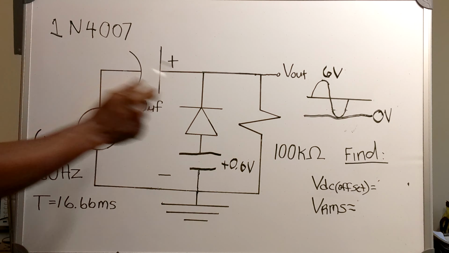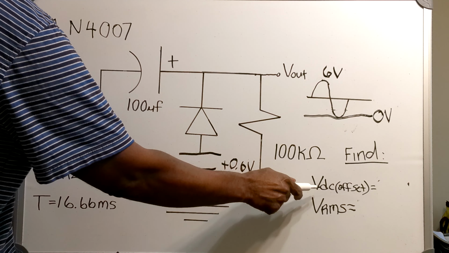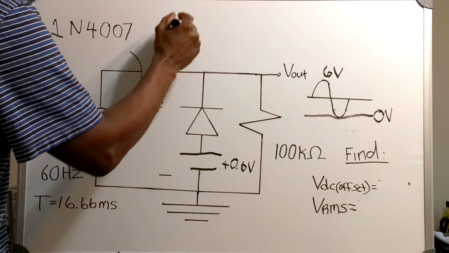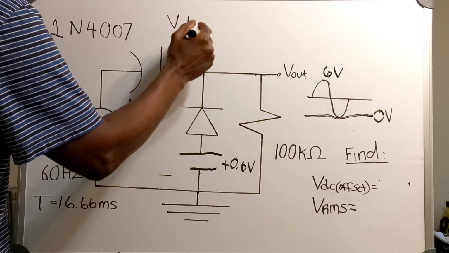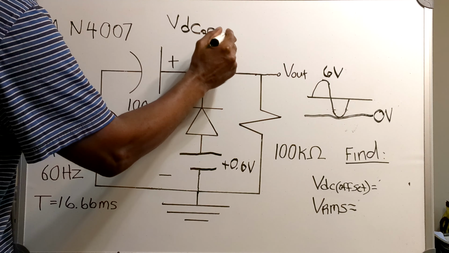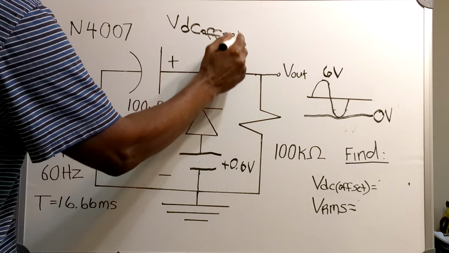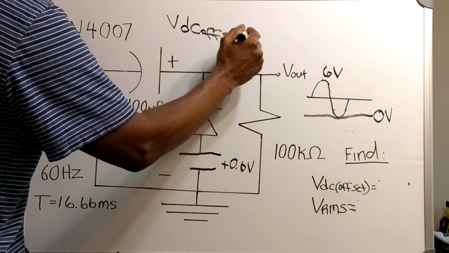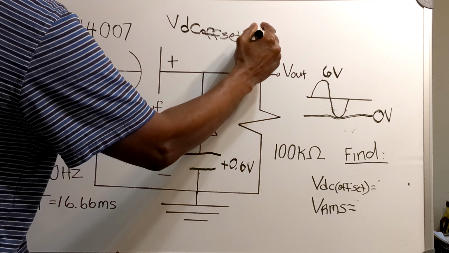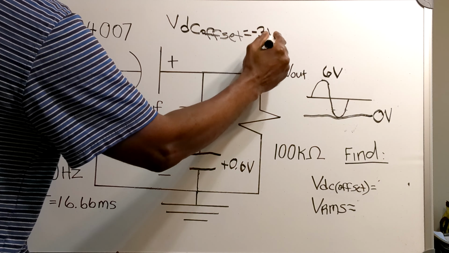Now I will find the VDC offset. VDC offset equals minus 3 volts peak.